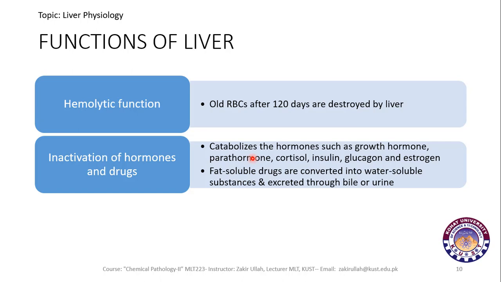These hormones are produced by the endocrine system when needed by the body, and after they are used as required, these hormones are catabolized, they are deactivated by the liver.